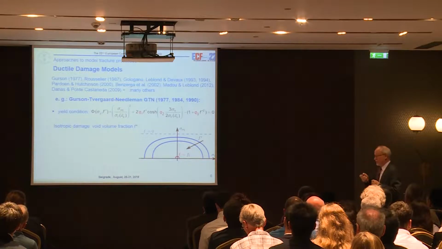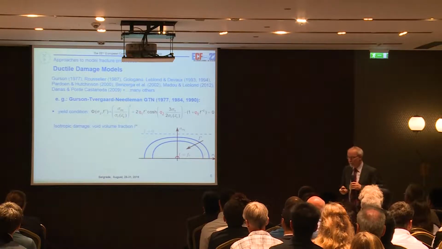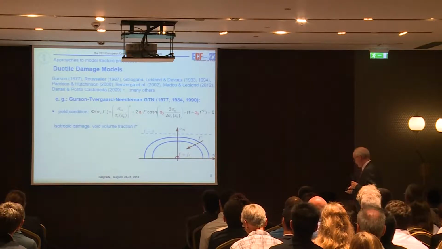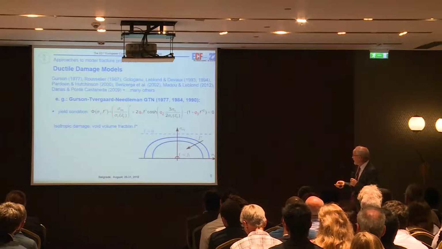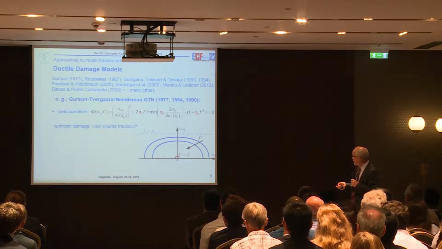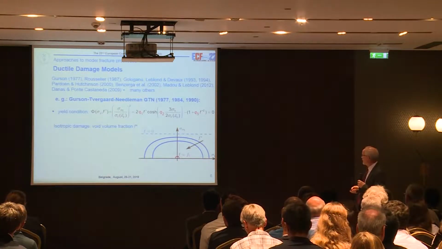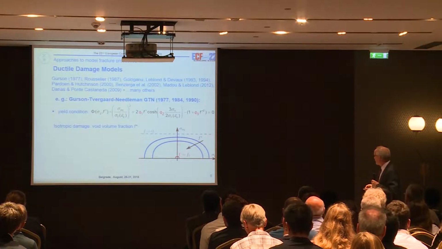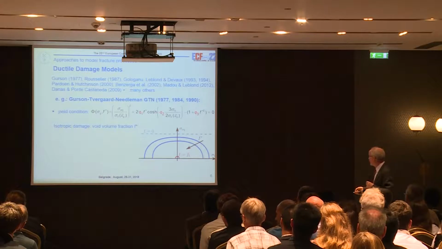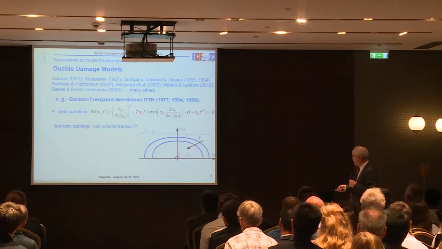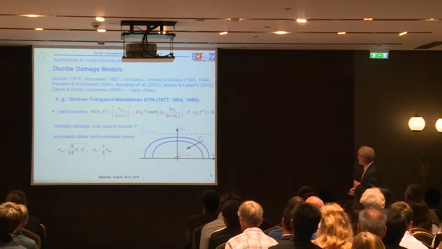So it is a plasticity model for porous metals. The yield condition is described by the stress tensor, and our isotropic damage variable is the void volume fraction f star. And here is the stress space of the equivalent stress and the hydrostatic stress. We see this yield surface.